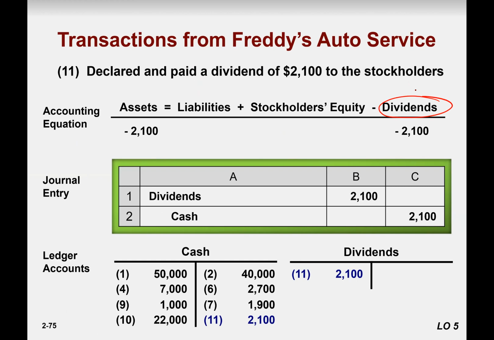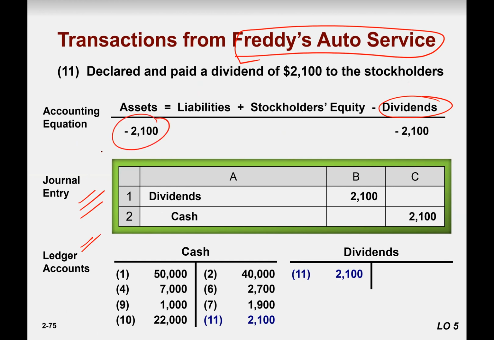We are not making this entry, the journal or ledger accounts, with respect to the owners. We are making this entry with respect to the business. So Friday Auto Service is a business, not a person, right? So from the business, money is going out and distributed to the owners, right?